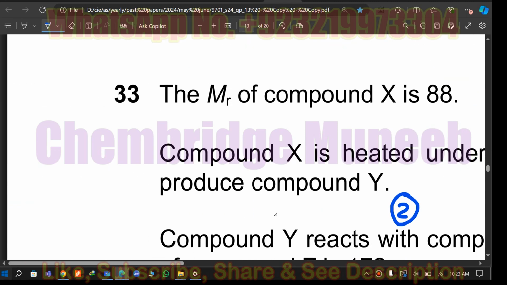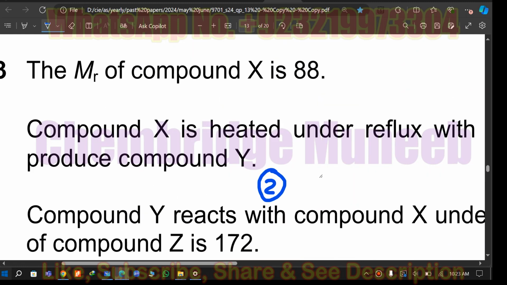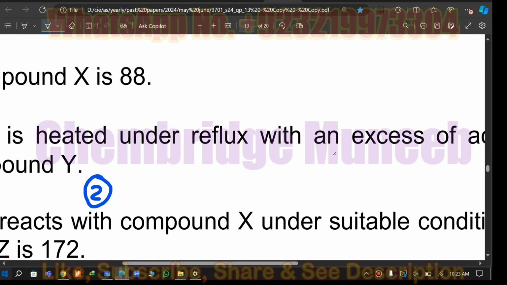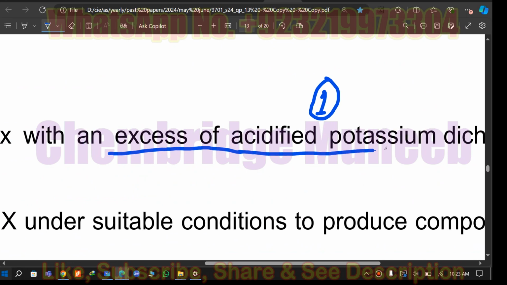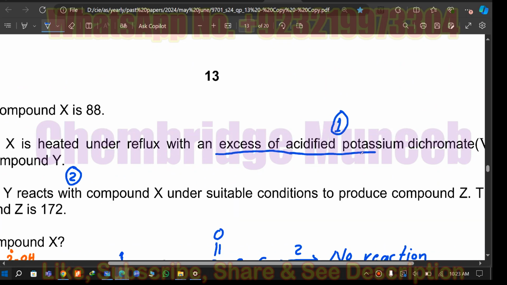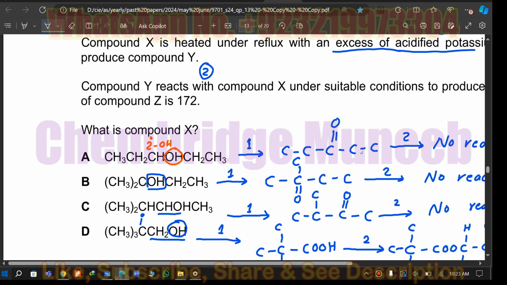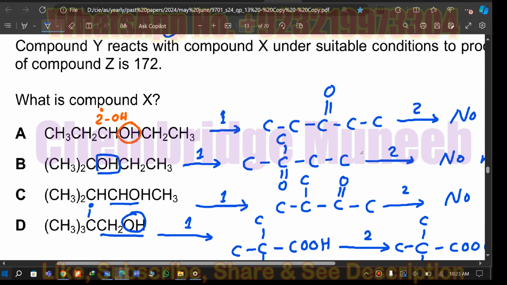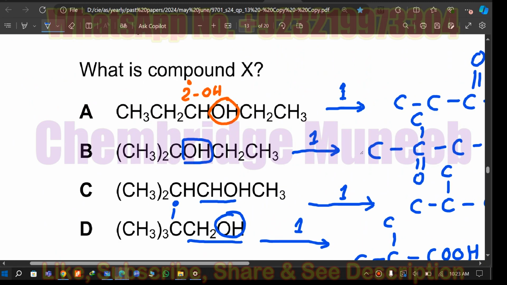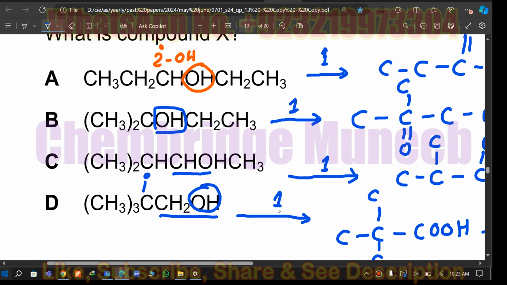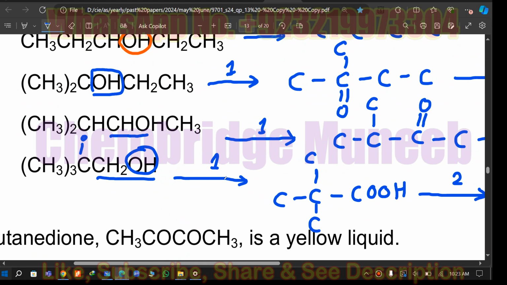Why should it give the carboxylic acid? Because we know that in statement 1 it said excess amount of the acidified potassium dichromate. So because of the presence of the excess amount, the product will not limit itself up to the aldehyde state. Instead it will further oxidize into the carboxylic acid. So carboxylic acid is the product obtained as a result of the first reaction.